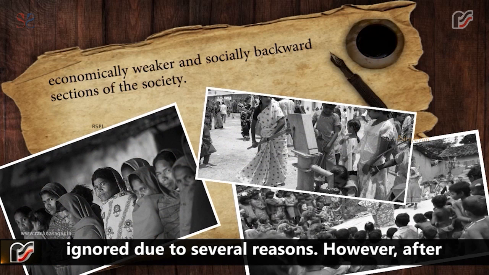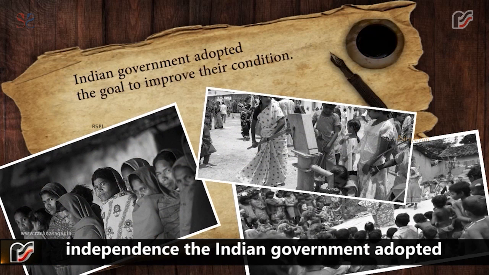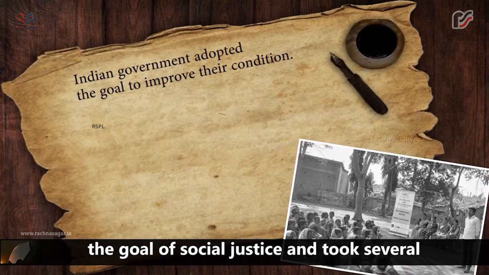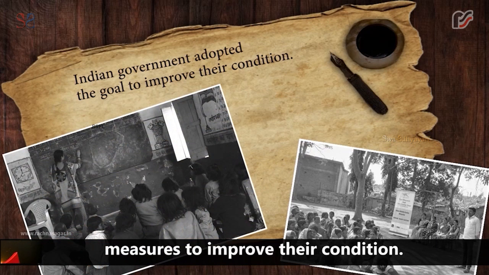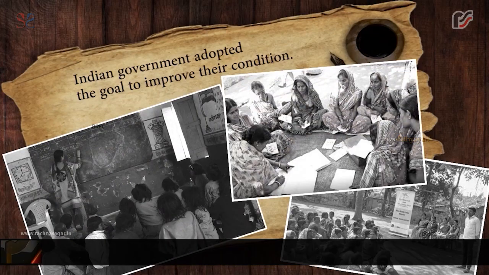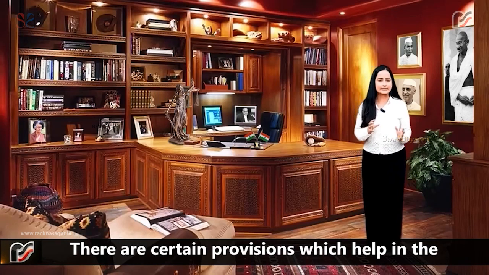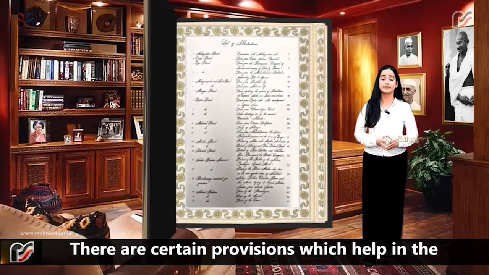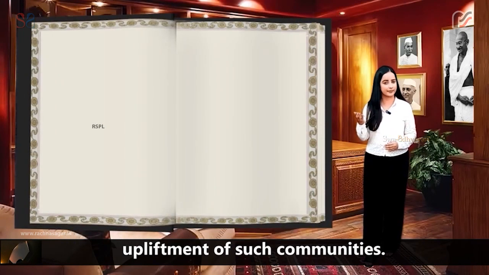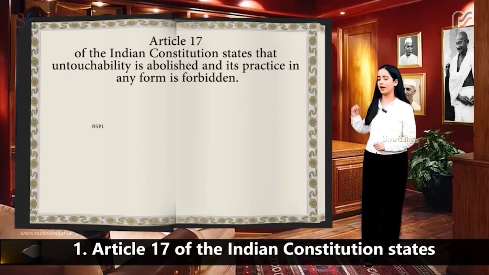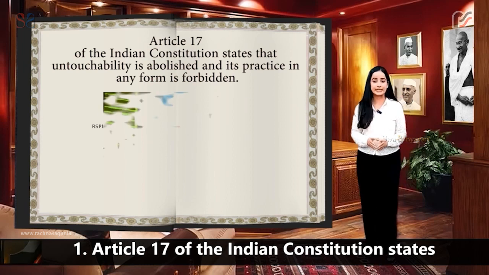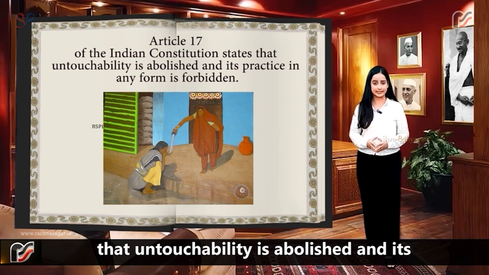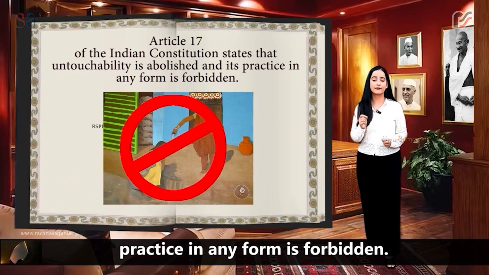However, after independence, the Indian government adopted the goal of social justice and took several measures to improve their condition. There are certain provisions which help in the upliftment of such communities. Number 1. Article 17 of the Indian Constitution states that untouchability is abolished and its practice in any form is forbidden.